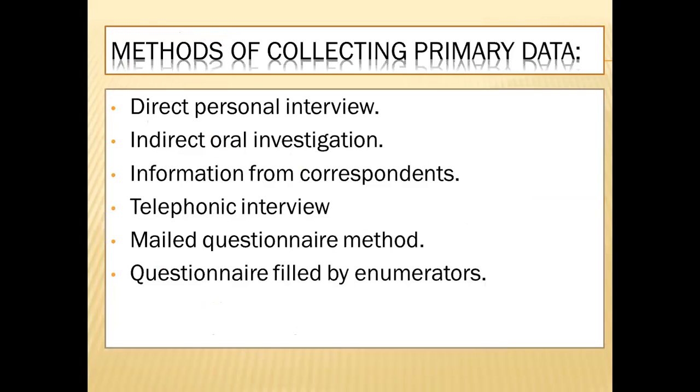Now next, methods of collecting primary data. Through these methods we can gather the information or facts. First one, direct personal interview: directly, from person to person, we can take the interview and collect the data.